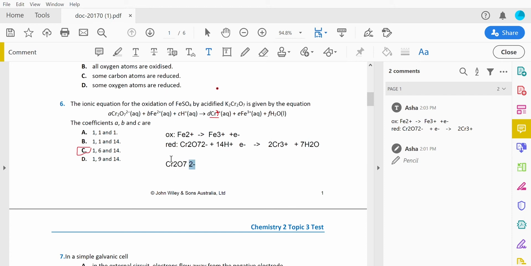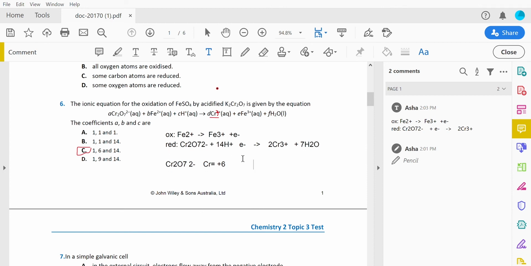Therefore, these 2 chromium here must have an overall positive 12 charge. So the chromium in dichromate equals +6. That's the oxidation number for each chromium in dichromate.